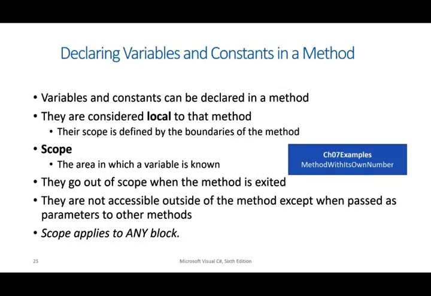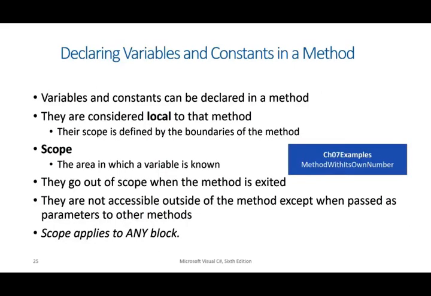Before we continue with the ride along, this is an opportune time for us to talk about scope. Variables and constants have a particular scope, and their scope is attached to the method in which they're executing.